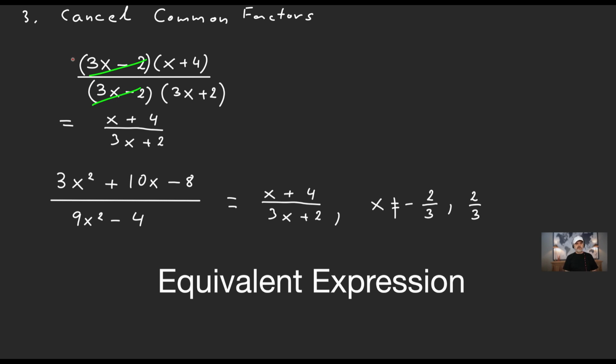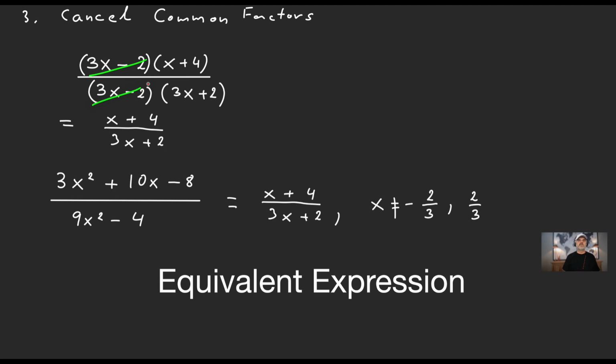In factored form, we see that we have identical factors, top and bottom. So this is like simplifying fractions. If you recall the example in the beginning of this video, you just divide both top and bottom by 3x minus 2. In this step, we don't worry about the potential problem of dividing by 0 because we have stated restrictions already.